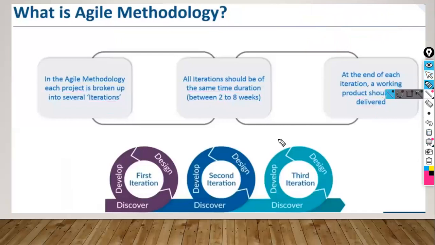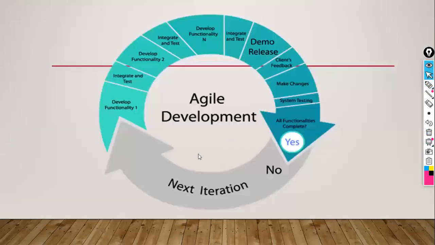So this is all about the agile methodology. The same thing is available in the form of a diagram here. The developer develops functionality one, and then the testing is done. Then functionality two, and testing is done, and however many functionalities they need to develop, they develop each one, and then they go for the demo release.